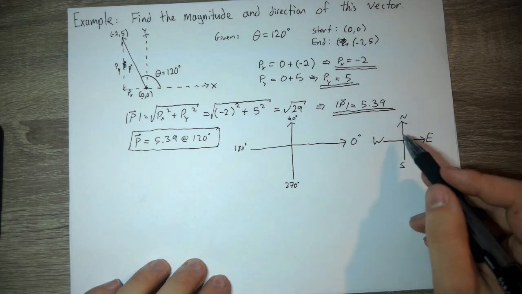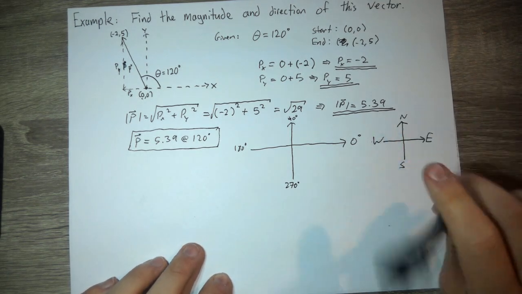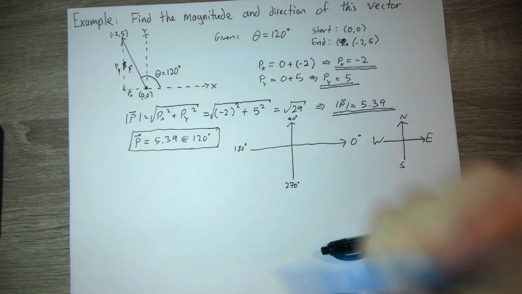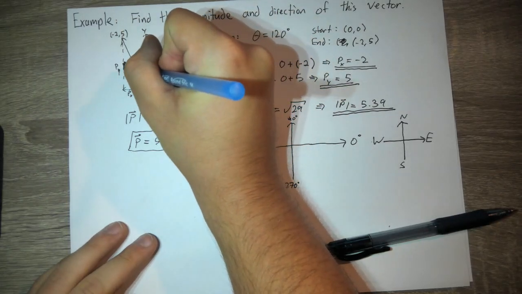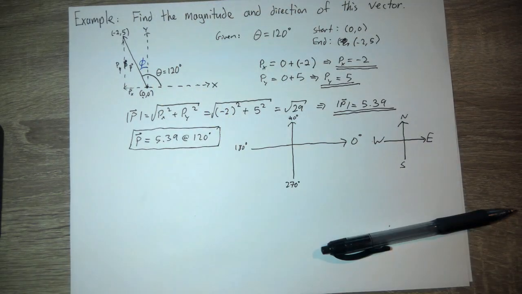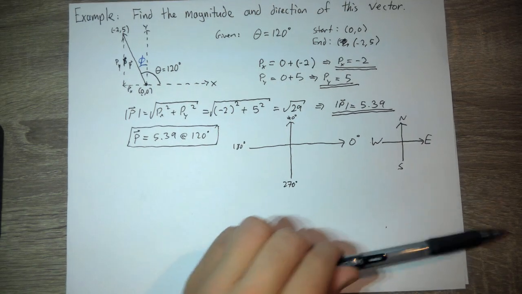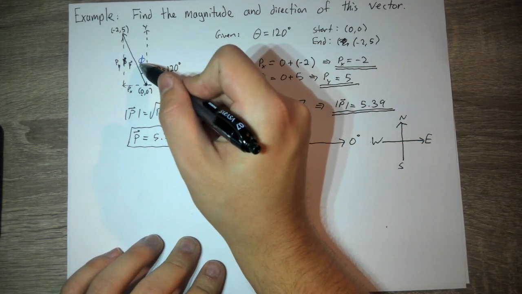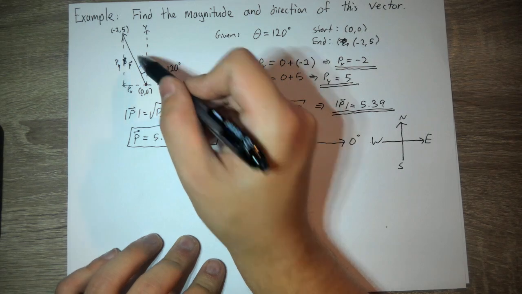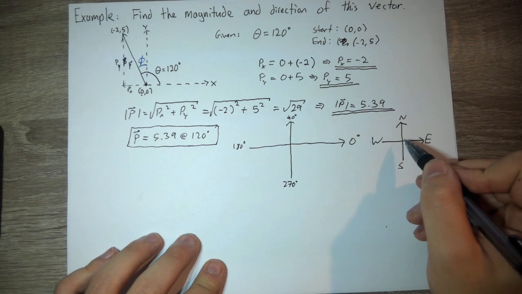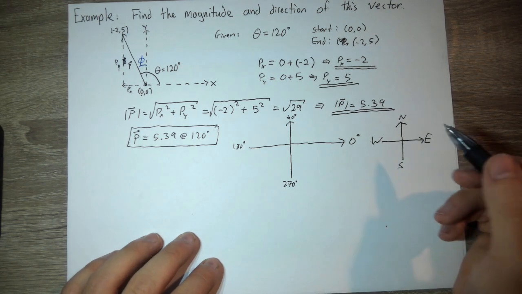And in order to do that, we need to look at this angle. We'll call it phi. If we express it in this angle, then we can more easily express it in terms of a compass direction.